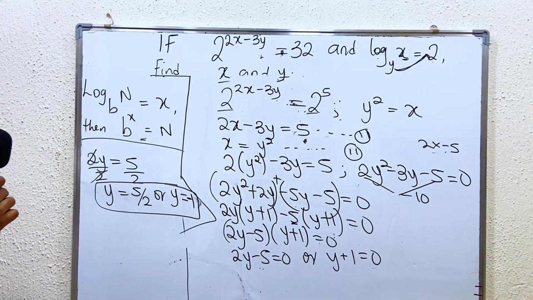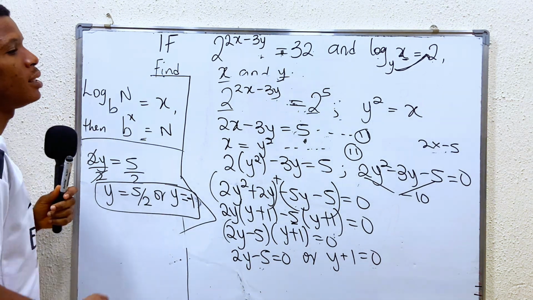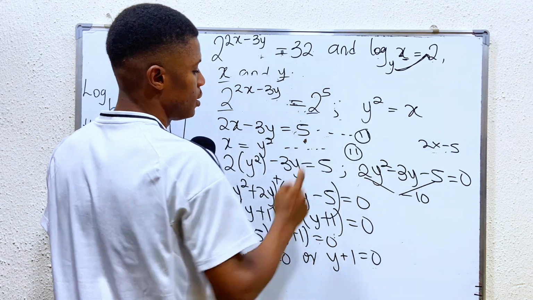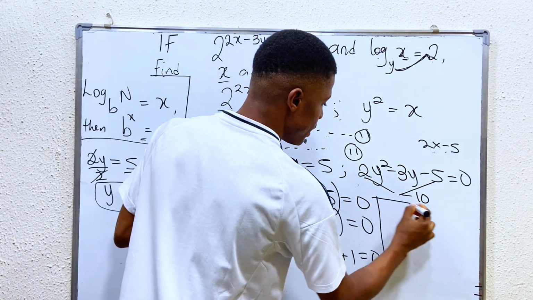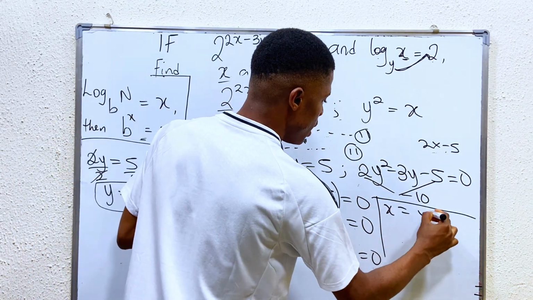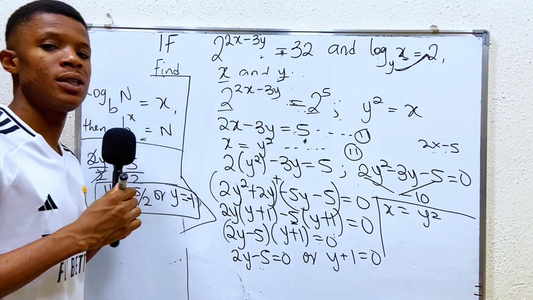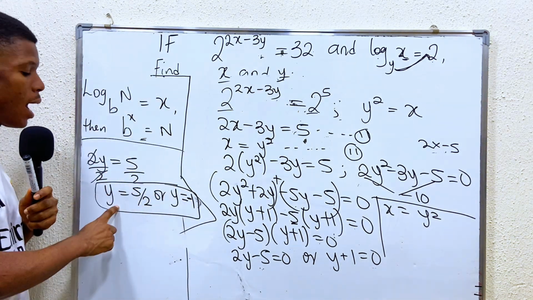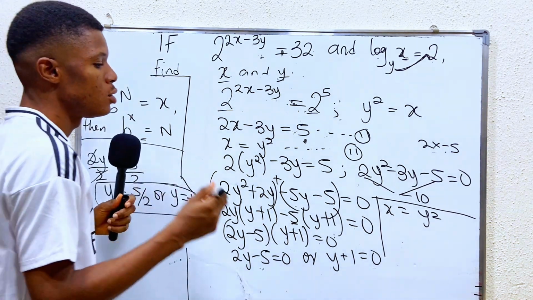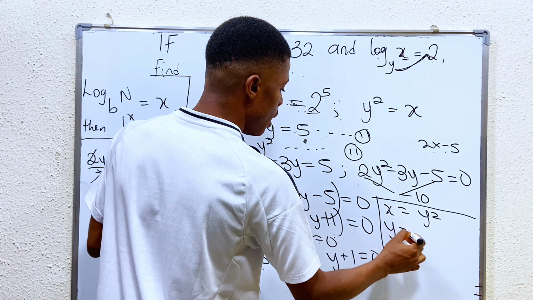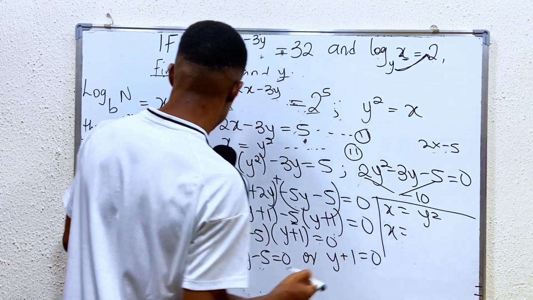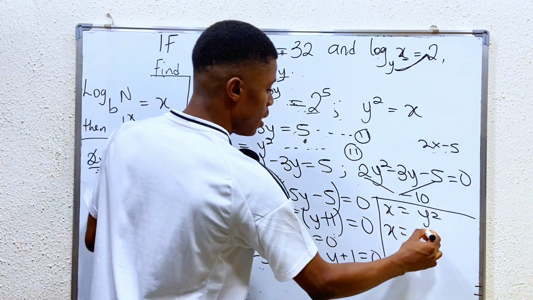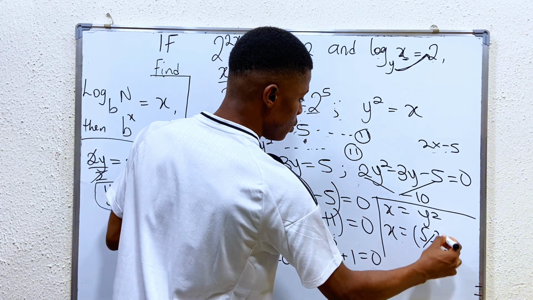Y. But here we are told that x is y squared. So for us to get x, all we need to do is to square each value of y. So for the first value, y is 5 over 2, so you have 5 over 2 all squared.